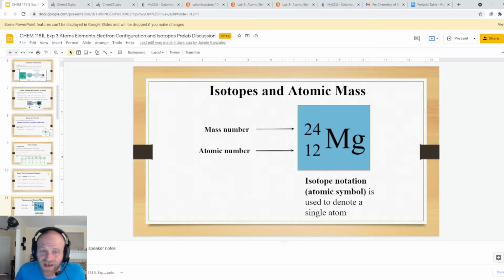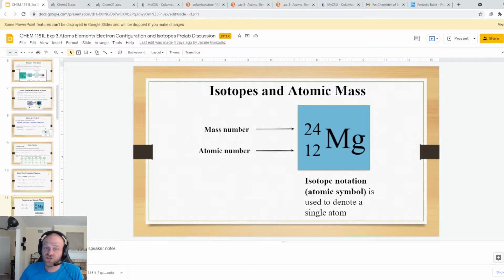Now, let's talk about what an isotope is. If you see a symbol like this, Mg with 24 over 12, you need to realize that the top one is the mass number and the bottom is the atomic number, right?